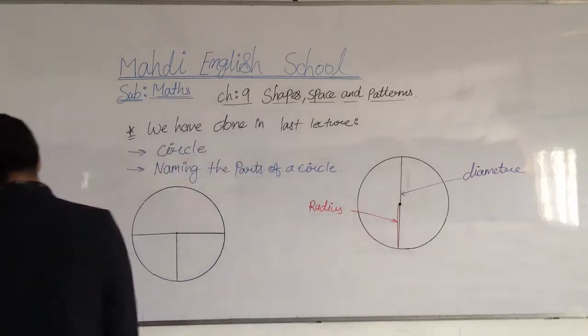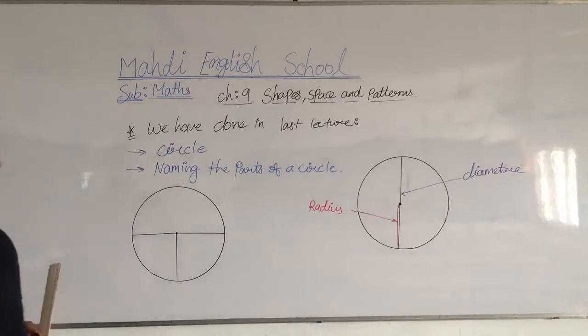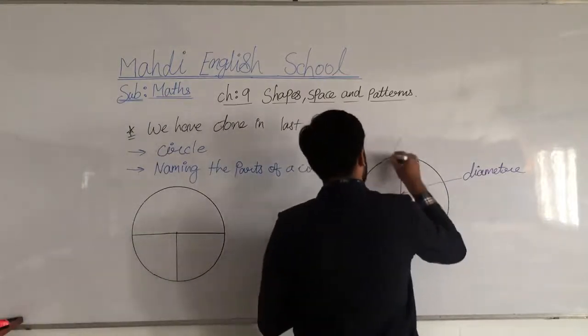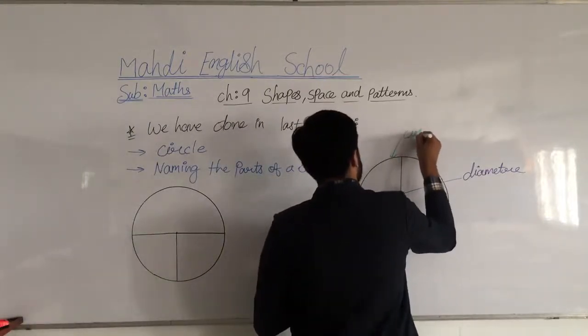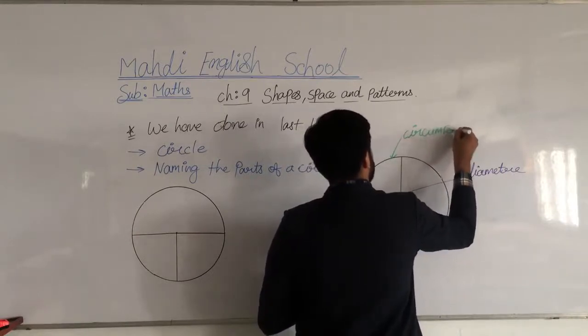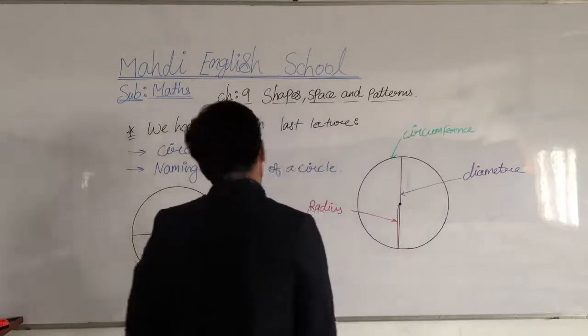Okay, my dear students. It's a radius, and then what we are missing here is the circumference. So this circle wall, okay, circumference.